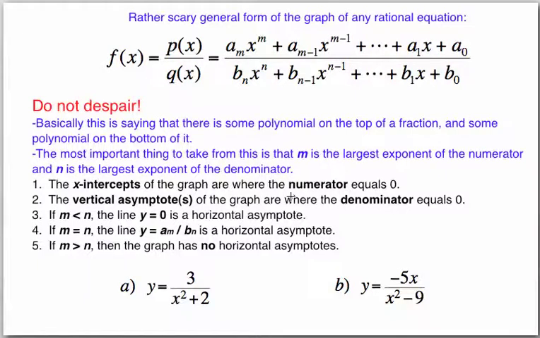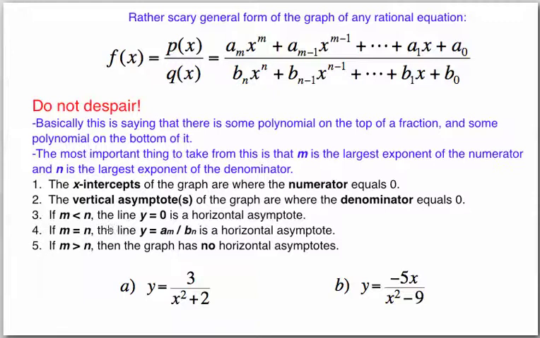The ones we have looked at before only have one, but your graph might have more than one depending on what the graph is. Those are where the denominator equals 0. Sometimes it wouldn't be possible for the denominator to equal 0, but the vertical asymptotes are wherever there is a way for that to happen.